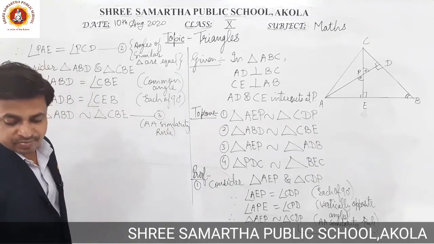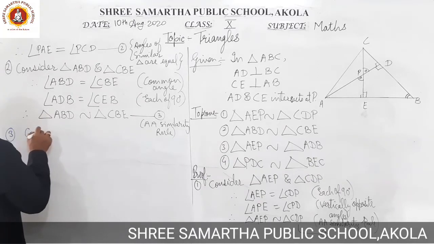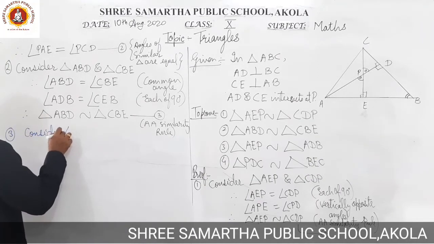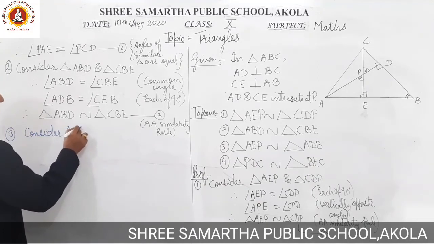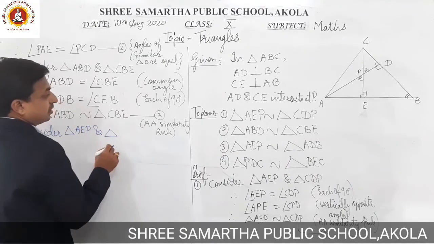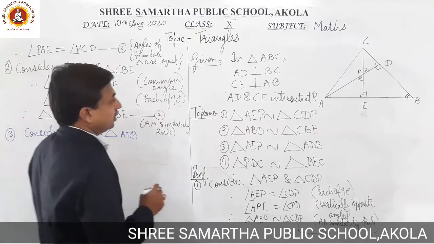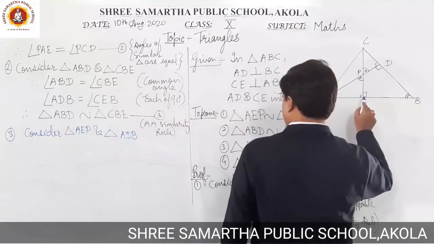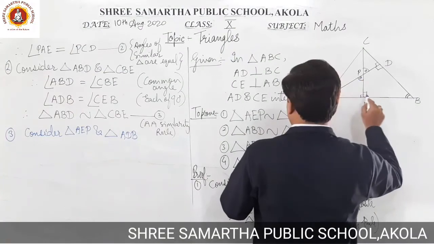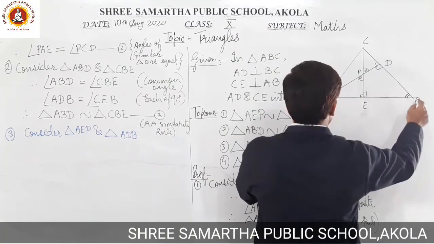Now, third, we will consider triangle AEP and triangle ADB. AEP, this smaller one, and ADB.